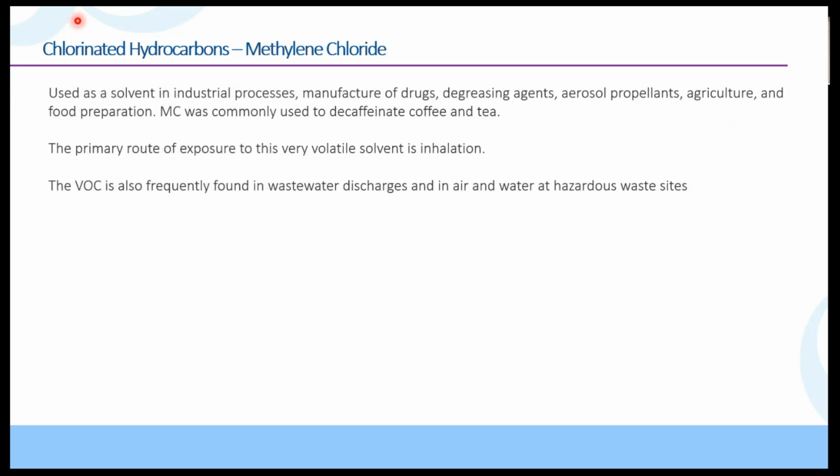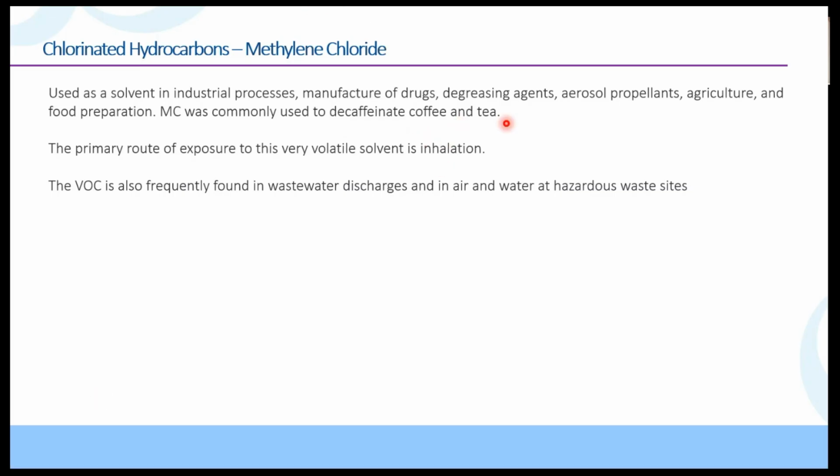Then moving on to the next chemical, methylene chloride. So this is used as a solvent in industrial processes, manufacture of drugs, degreasing agents, aerosol propellants, agriculture and food preparation. Methylene chloride was commonly used also to decaffeinate coffee and tea.